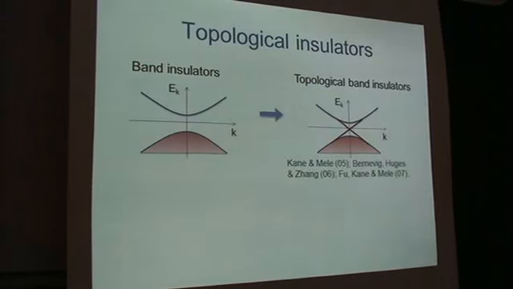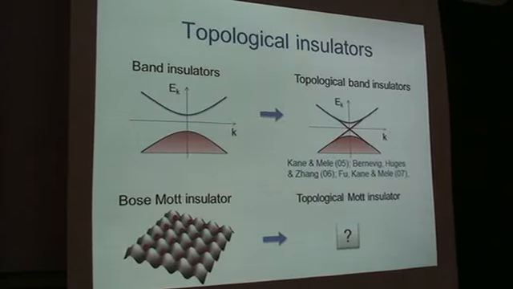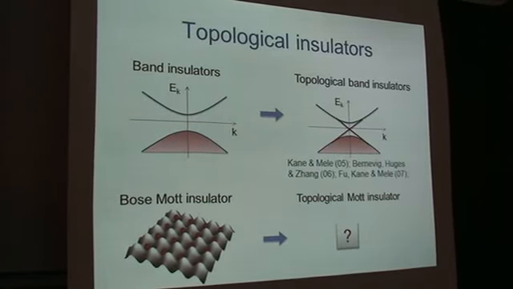So now, can we make an analogy with bosons? And the most inert and boring insulator known of bosons is the Bose-Mott insulator, where you have one particle per site. And because of interaction, so bosons like to condense, of course, if they're not interacting and you put some band structure, they like to condense in the lowest band.